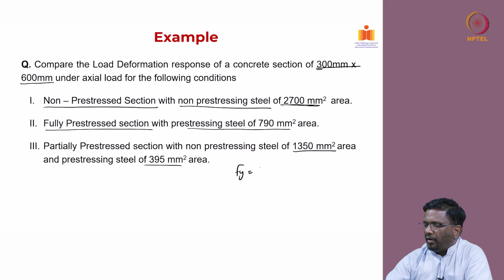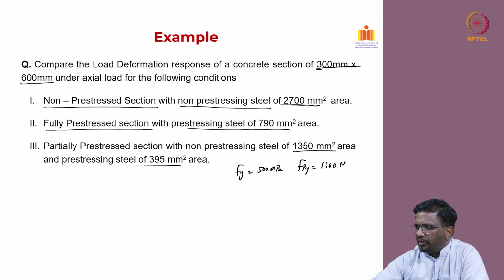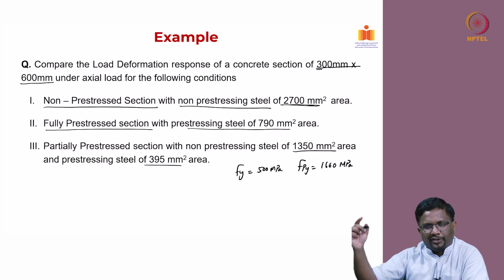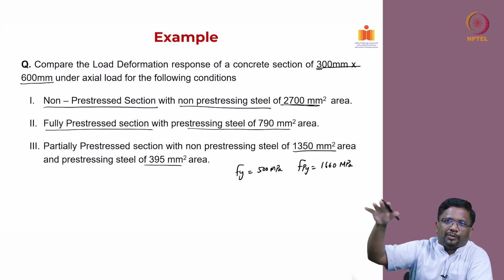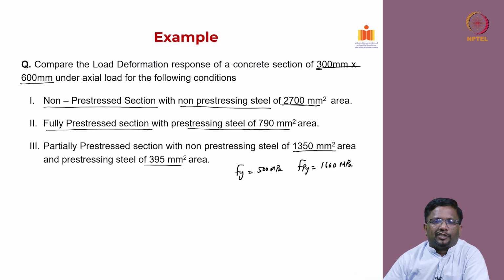Fy of 500 megapascal and Fpy of 1660 megapascal, right. So these are the values. Though your Fpk is 1860, I am assuming that it is going to have an elastic perfectly plastic behavior with a yield strength of this 1660 megapascal.